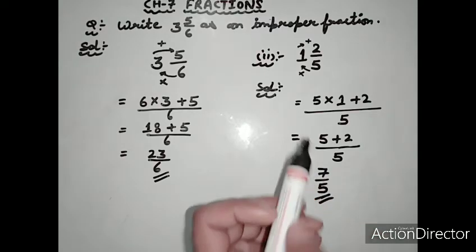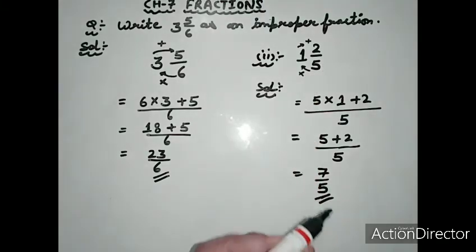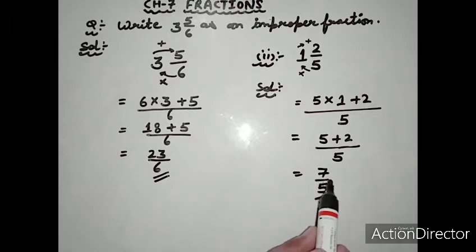So the improper fraction form of 1 whole 2 upon 5 is 7 upon 5. And if we want to convert 7 upon 5 back into a mixed number, we divide 7 by 5, and we again get 1 whole 2 upon 5.